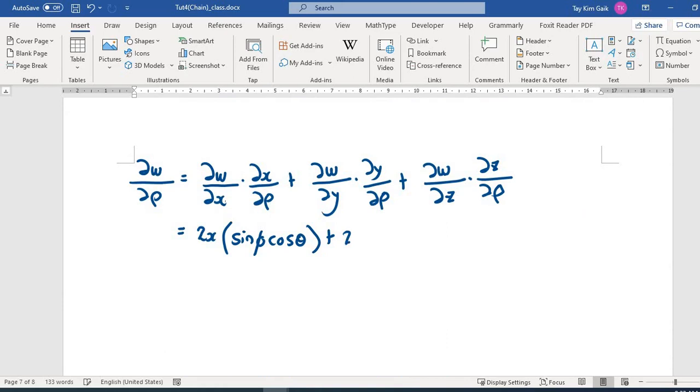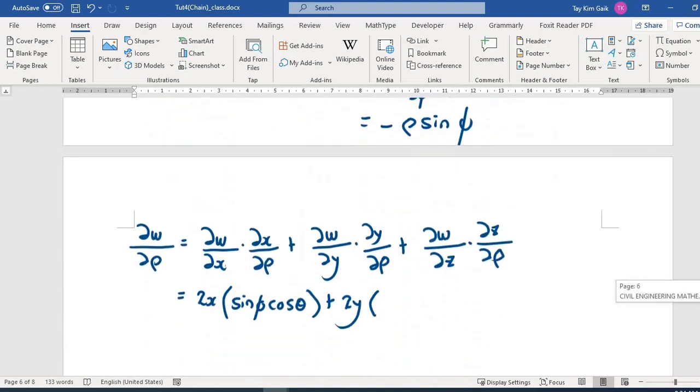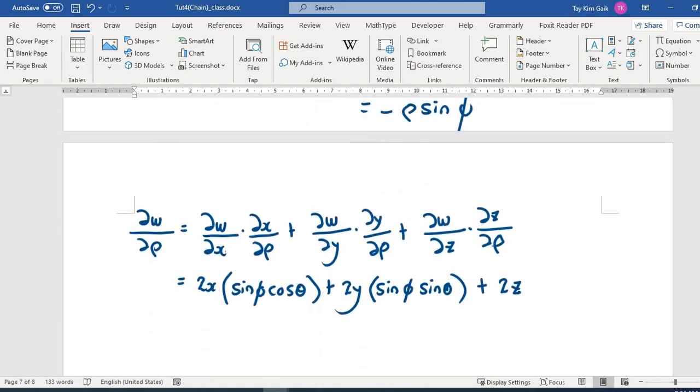Del w del y is 2y, del y del rho is sin phi sin theta. Del w del z is 2z. Del z del rho is cos phi.